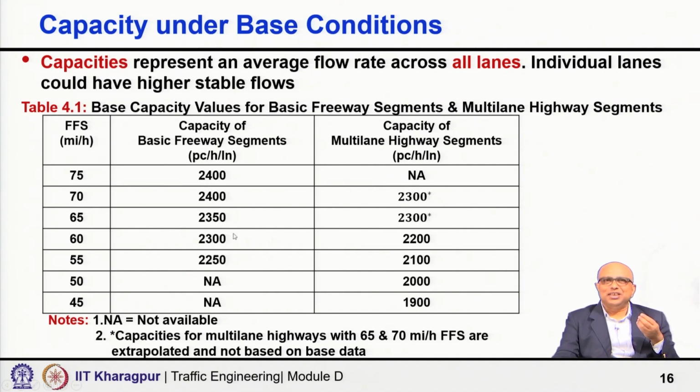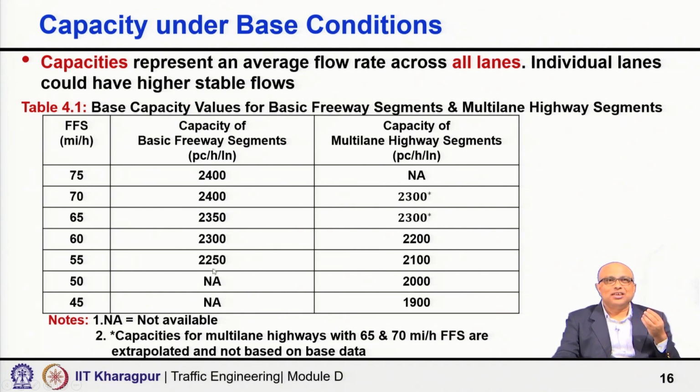Now, you can generally see that for similar free flow speed, because of the explanations given earlier, the capacity of basic freeway segments will be higher as compared to the capacity of multi-lane highway segments. The reasons I have said.